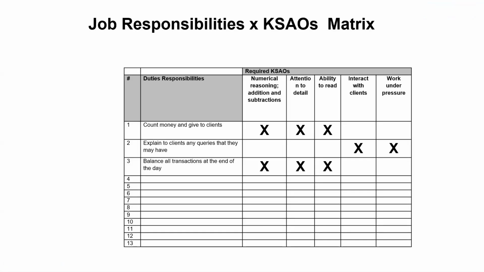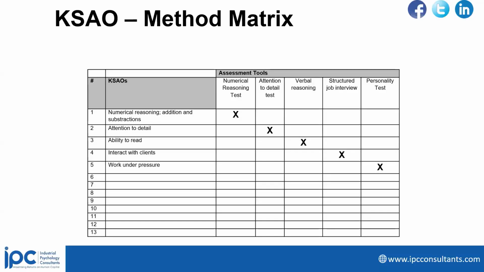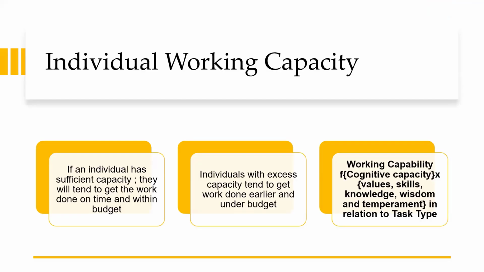So going back, the job responsibility KSO matrix is very key. And the second one, the KSO method matrix, is very key, because it now takes you to the method for assessing that. Okay, so having done that, I want to explain other terms that are important as we go through this presentation.